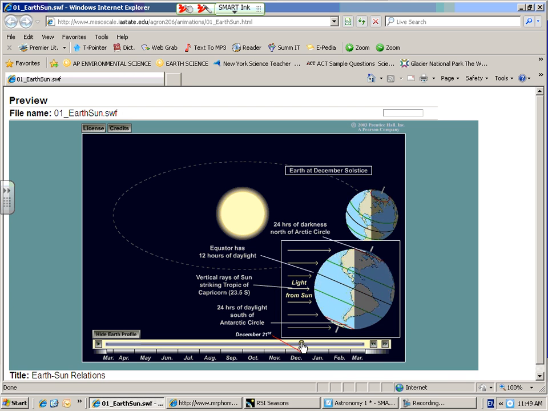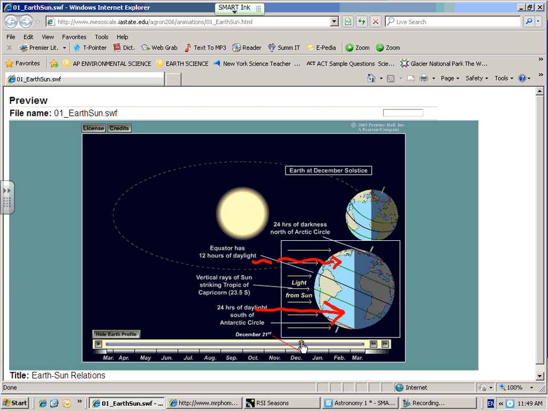Look in that lower right-hand corner, you'll see that now it's not us, but it's now the southern hemisphere getting hit with more intense, more direct sunlight. And the northern hemisphere still gets sunlight, but it's less direct. And less direct means less intense, and that means we get colder temperatures. And that's called our winter solstice on December 21st, coming up December 21st of this year.